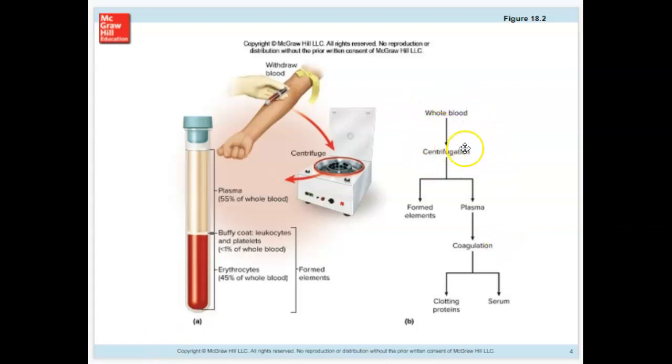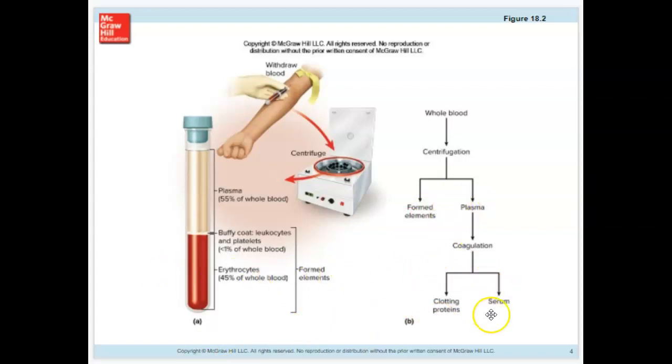Remember, to separate our blood, we centrifuge our blood and we separate the solid part from the liquid part, and the liquid part is plasma. And after stimulating the coagulation or clotting of the blood, we can separate our serum from the clotting proteins. That is, serum is always going to be plasma without the clotting proteins.